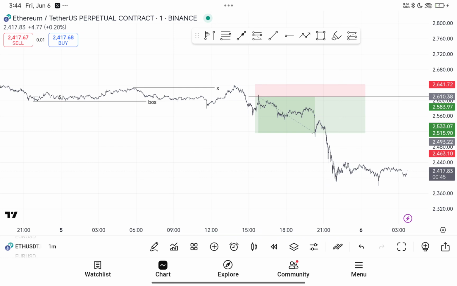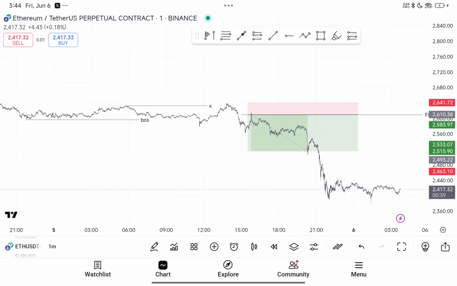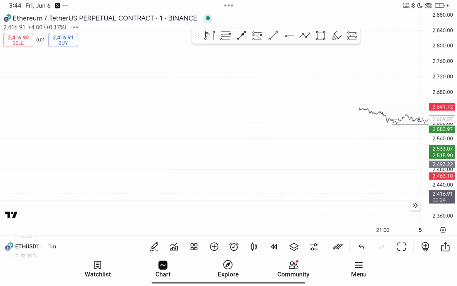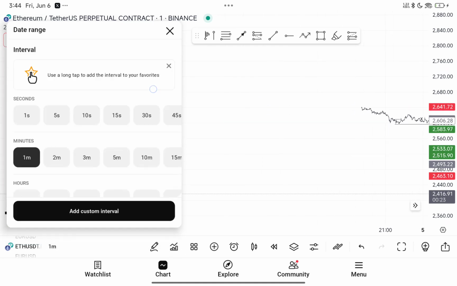Okay, now looking at these charts, I'm very sure you can tell the direction of this market. This is an Ethereum market, and just by using your eyes to look at the chart, you can see this market is going down. And if I show you another part of this chart, let me increase the time frame.